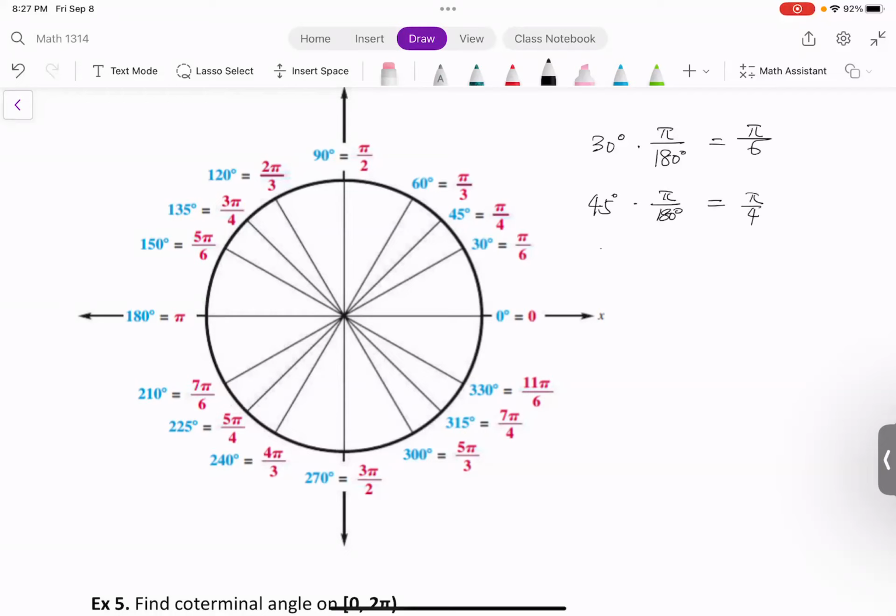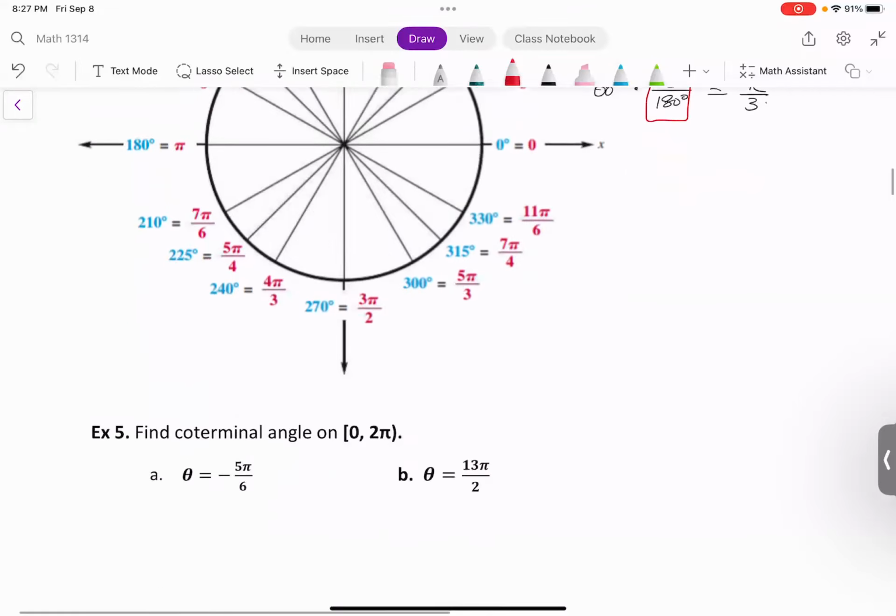And some other special angles, like 60 times pi over 180 is pi over 3. So you will see these are very important angles shown here. So please spend some time to memorize this. If you don't know how to memorize them, at least you need to know how to convert them. What I need to multiply. Oh, I made a mistake. Here must be a multiplication sign. Okay. All right, let's continue.